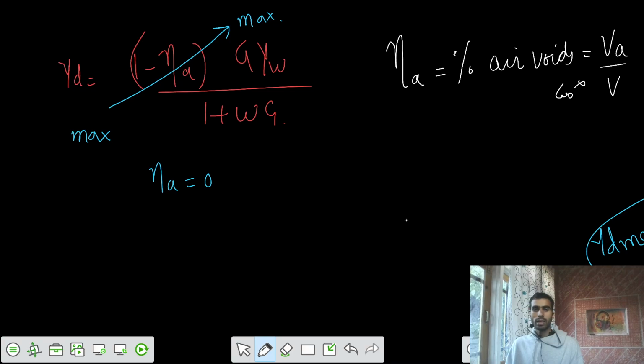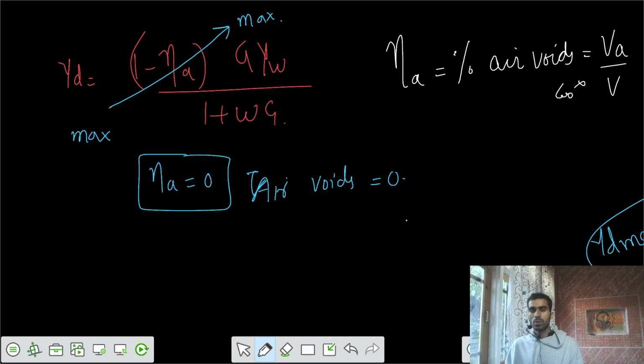Your 1 minus Na is maximum only when your Na is 0. That means the air voids are 0, so the volume of air in the voids is 0. That's only possible if the volume of water is 100%. So air voids equal 0.